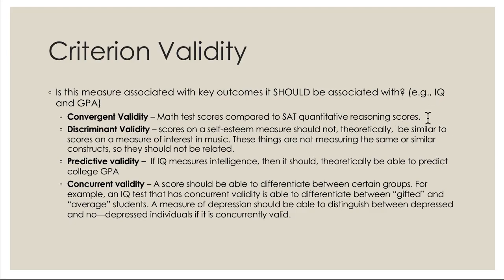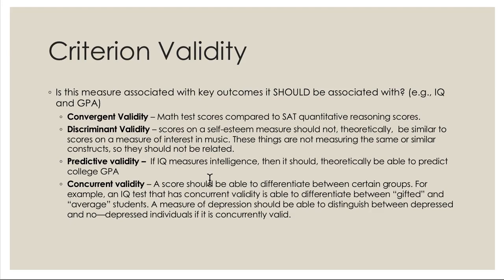These things should be related. They should be positively related, and basically move in the same direction, right? So if someone scores high on their SAT quantitative reasoning, they should also score high on their math tests, right? That makes sense because these two things should be measuring something similar.